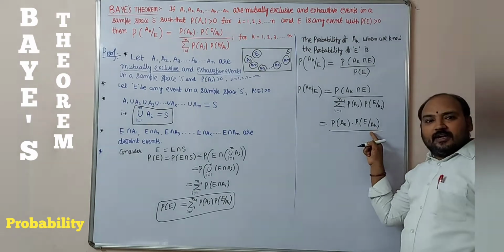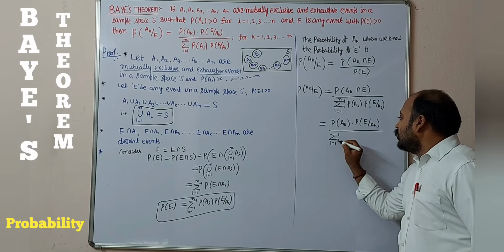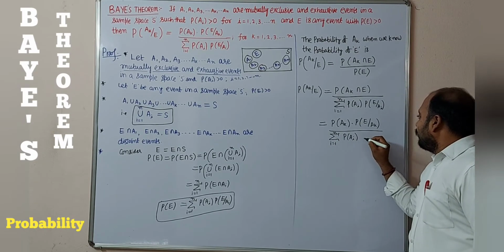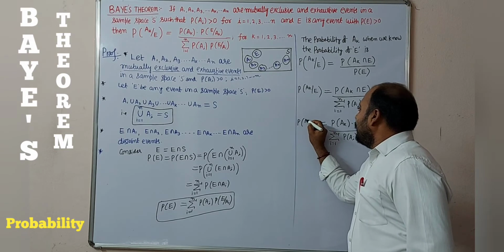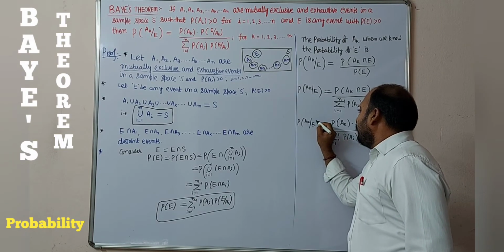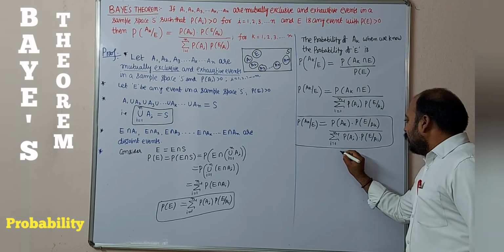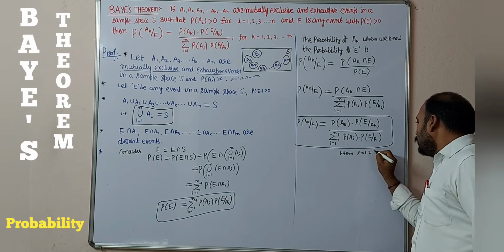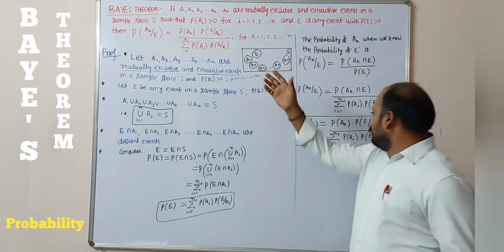K is the suffix here, dear students, divided by sigma I is equal to 1 to n, P of AI into P of E given AI. This is the Bayes theorem: P of AK given E, where K equals 1, 2, 3 and so on to n.